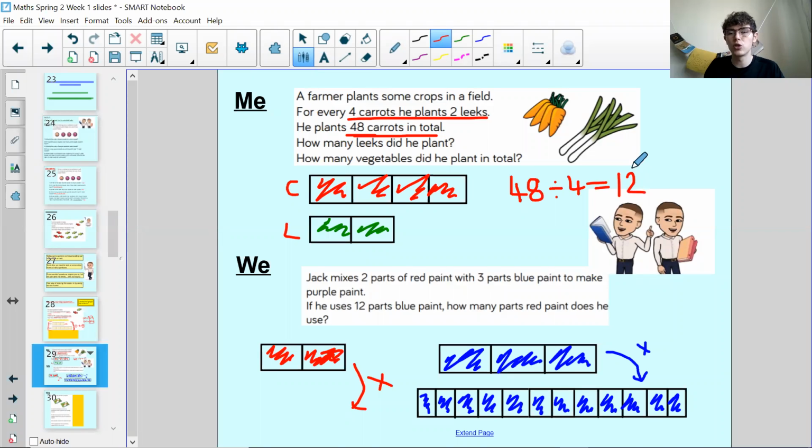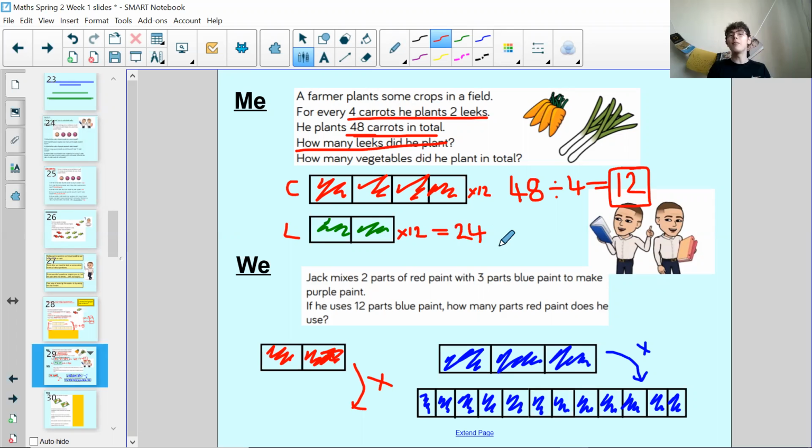So we know now, once again, that for every 4 carrots we planted 2 leeks, this has happened 12 times. So what we did here was we times by 12, and we've got to do exactly the same thing to the leeks. So we'll do times 12 down here as well. 2 times 12, we know to be 24.